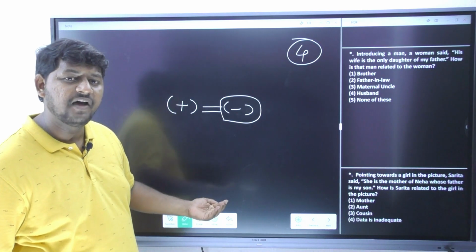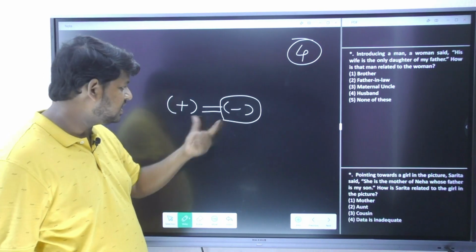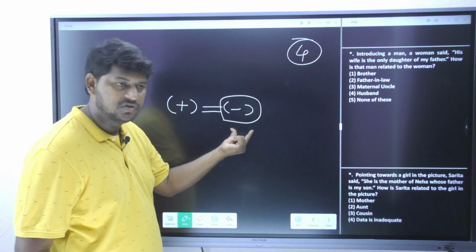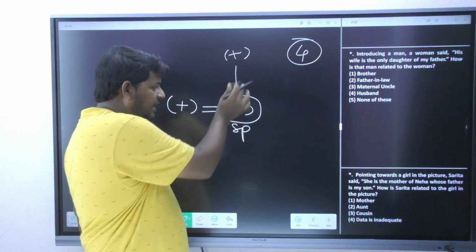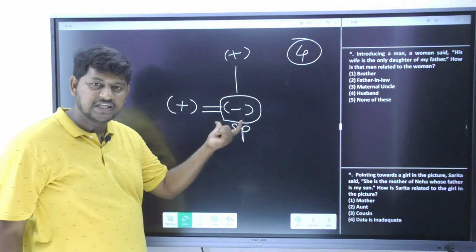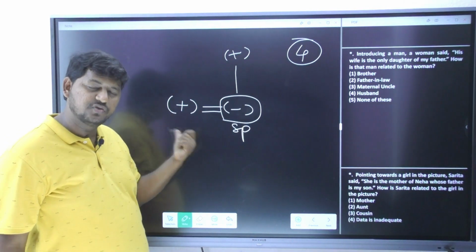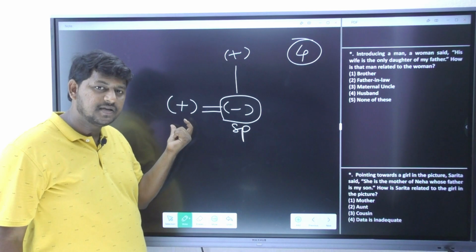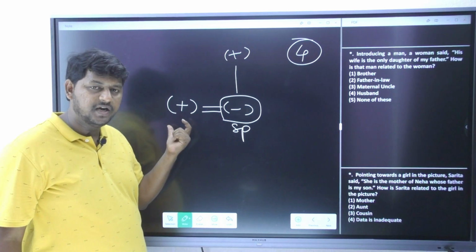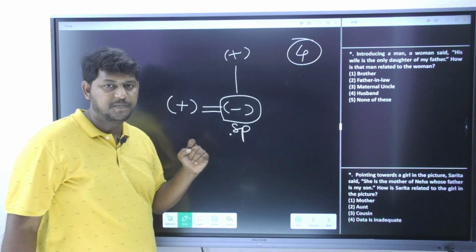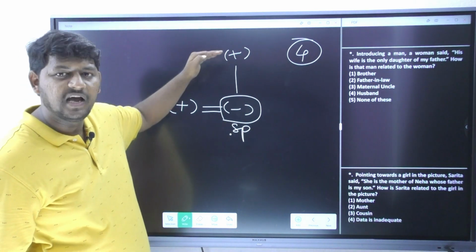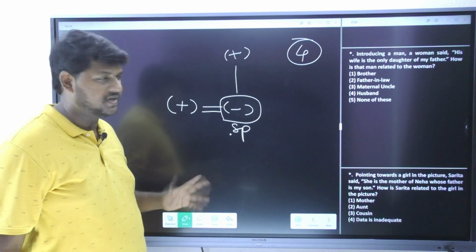Speaker's father has only one daughter and the daughter is over here, so obviously this is our speaker. Speaker is trying to introduce a man, and this is the man over here as your listener, and this is the person as your speaker. Speaker's father has only one daughter. Clear?